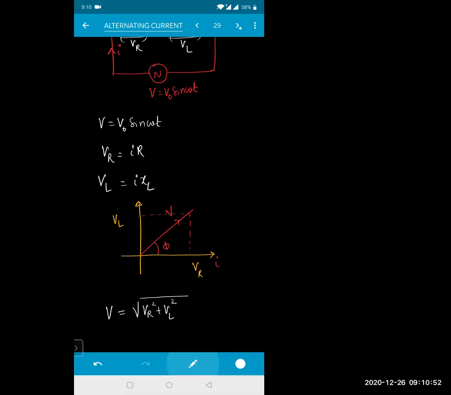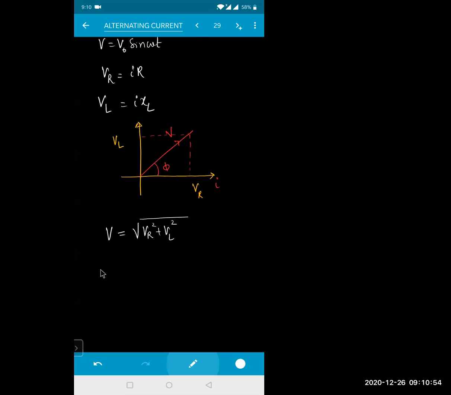So VR is I into R, whole square, plus I into XL, whole square. Take I square outside. So this will become I times the square root of R square plus XL square.